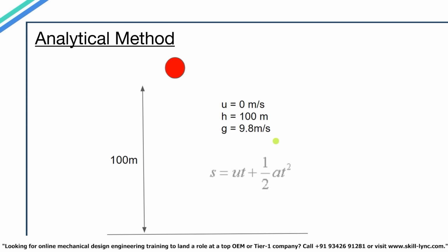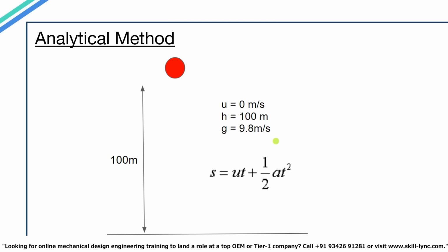And to solve this, you don't need to derive any equation since Isaac Newton has already done the job for us. You would directly use Newton's equation of motion, input the values, and get the final answer, which would be the time it takes for the ball to drop. So this is called an analytical way of solving the problem.